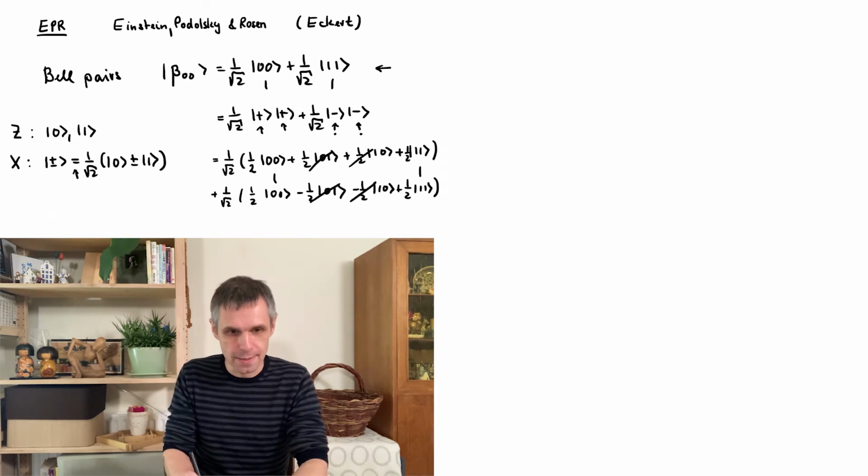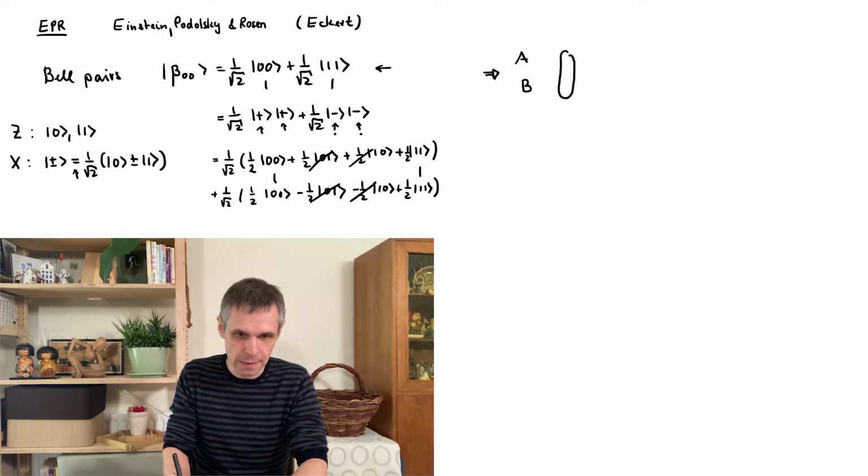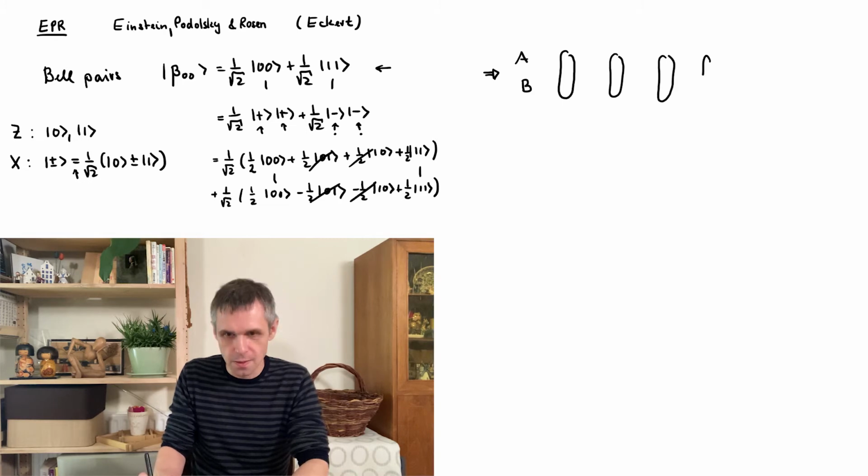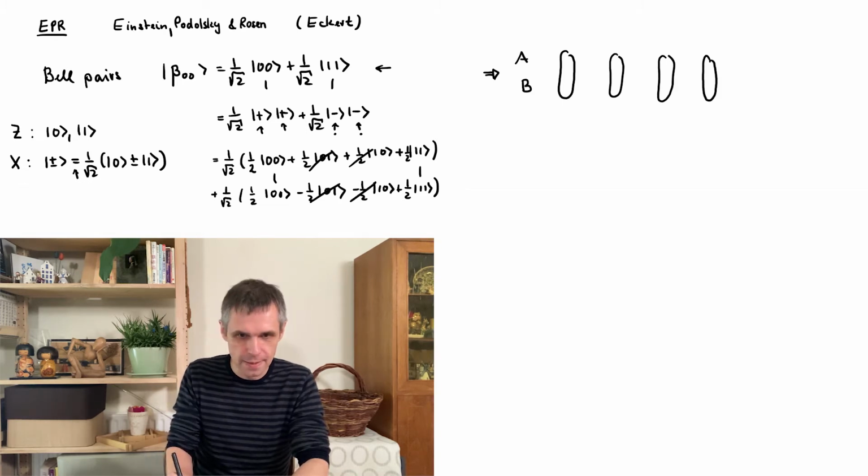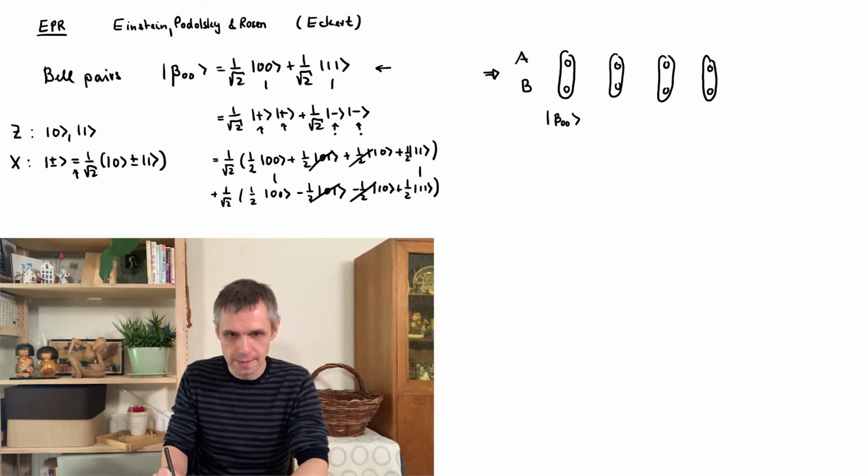To utilize this now for quantum key distribution, we assume that Alice and Bob have created many of these Bell pairs here. So they have many of these pairs, each consisting of 2 quantum bits. Each of these pairs are independent, but within each pair we have entanglement, simply described by this state here.